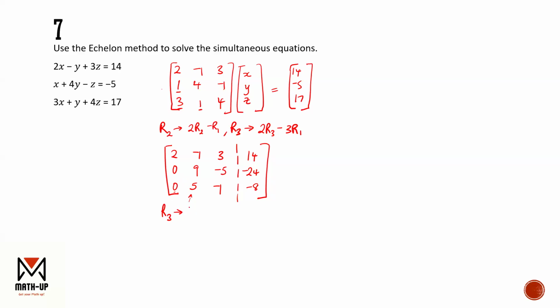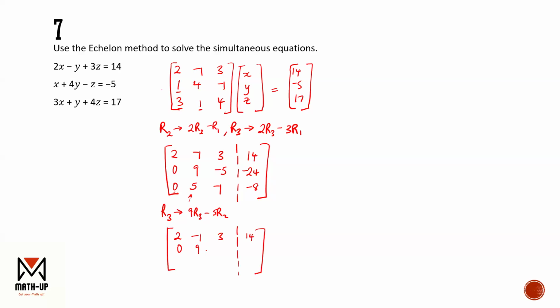So what am I going to do? I replace R3 with 9 times R3 minus 5 times R2. Why am I doing that? Because I have a 5 and a 9 here. So that's basically my aim. So when I do that, my matrix now becomes 2, -1, 3, 14. Row 1 is unchanged. Row 2 is also unchanged.